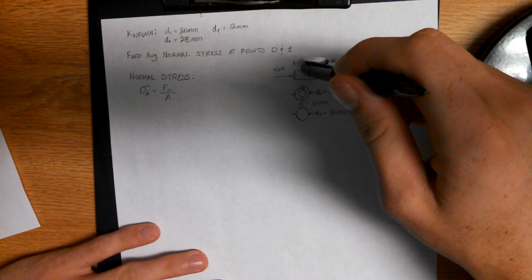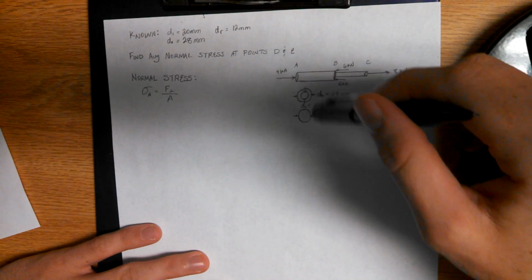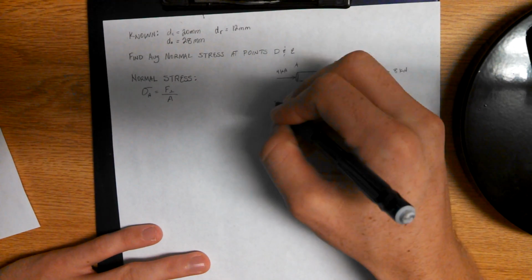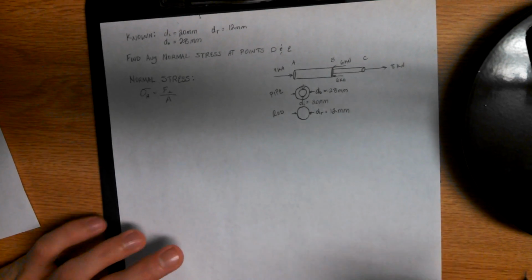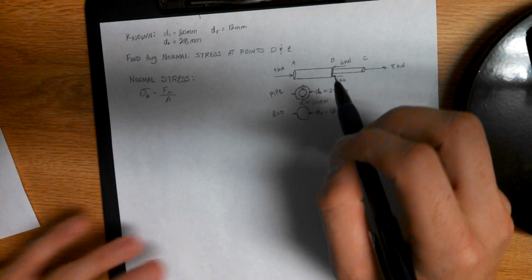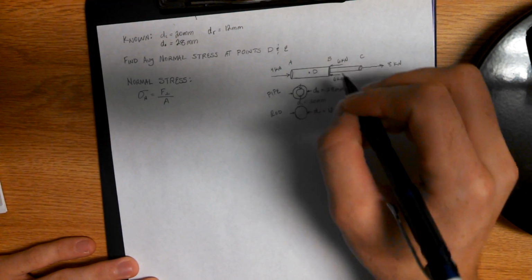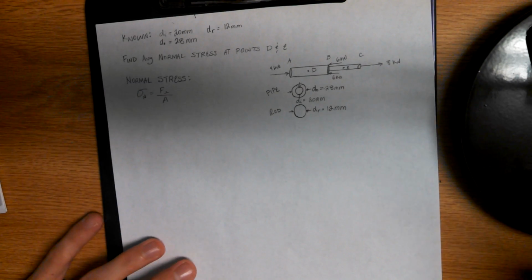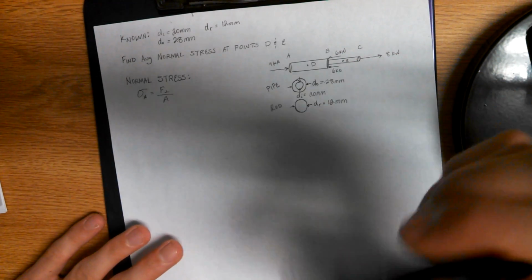Kind of representing the rod and pipe here, and the diameters. This is the rod, and this is the pipe. Alright, so we're trying to find the average normal stress at point D, which is actually here, and point E. Let's take a moment and look at what normal stress is.